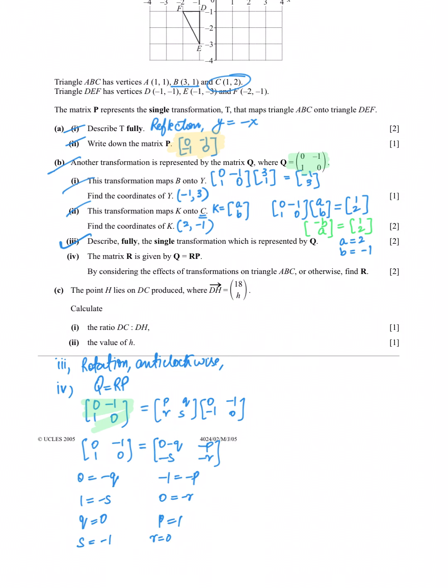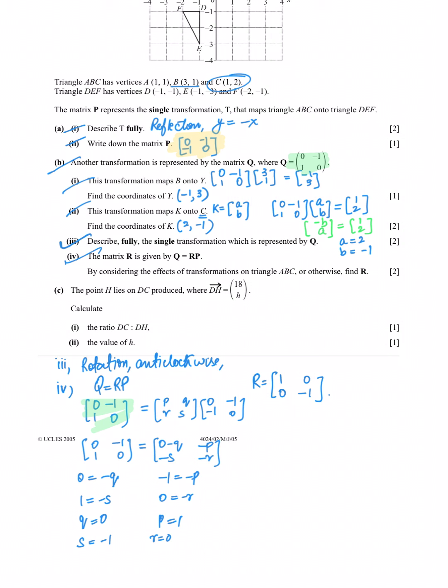If I substitute the values, R is equal to P is 1, R is 0, Q is 0, and S is minus 1. That is my matrix R. Alright, so that is the fourth part.